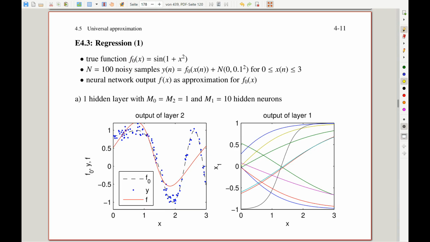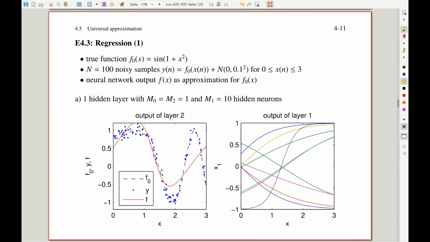Now I generate my training data set, a total number of 100 noisy training samples. I randomly sample 100 samples x_n in the interval between 0 and 1 from a uniform distribution. For each x_n, I calculate the true value of f0 plus an additive zero mean white Gaussian noise with a standard deviation of 0.1.